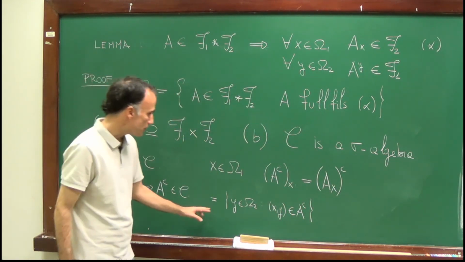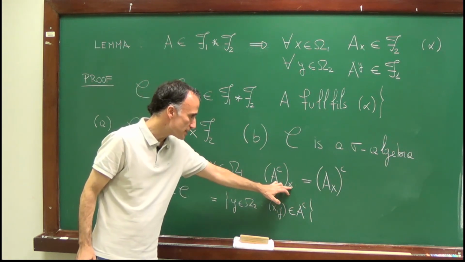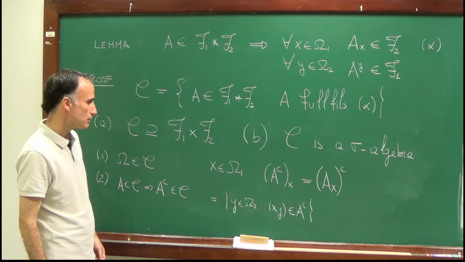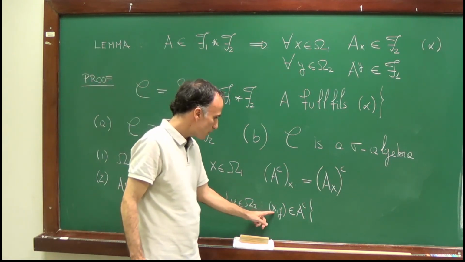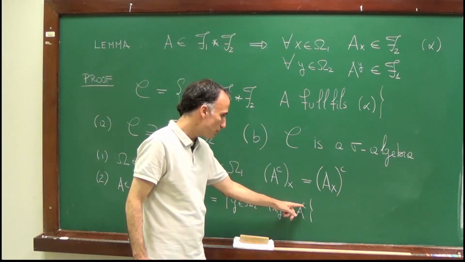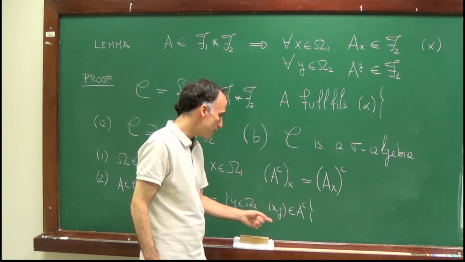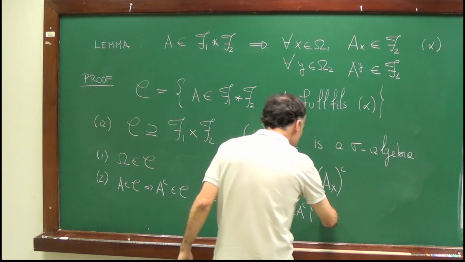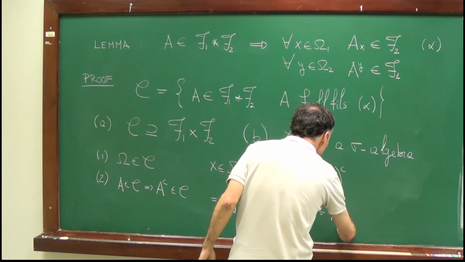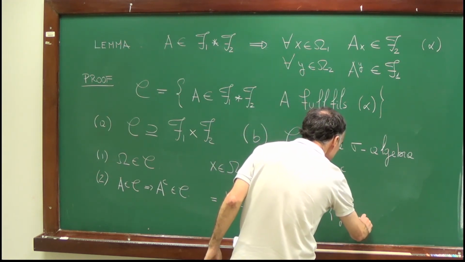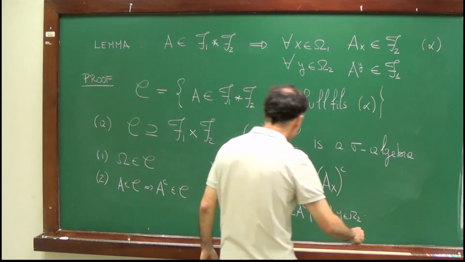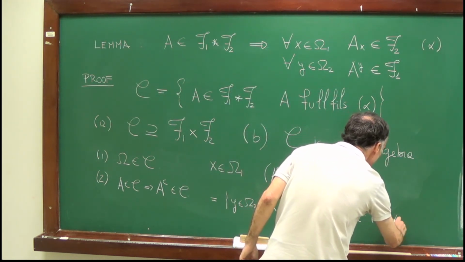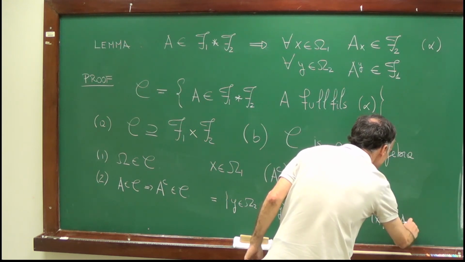This is just the definition of the section at x of the set A^C, the complement of A. So to say that xy belongs to the complement of A is the same thing as saying xy does not belong to A. So these are all points y in omega 2 such that xy does not belong to A.